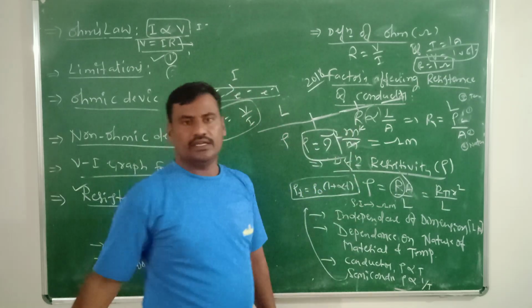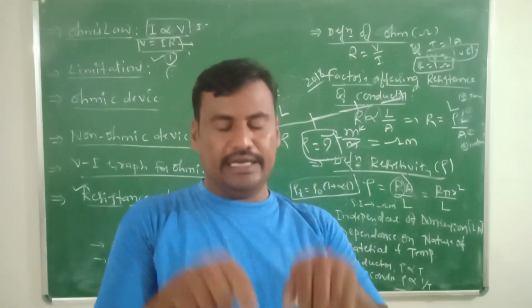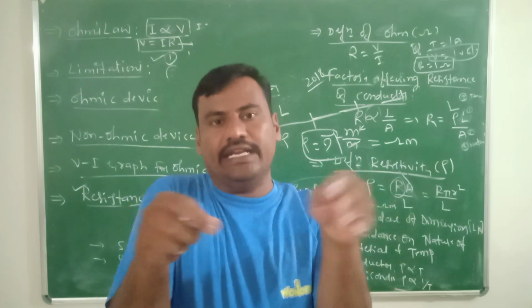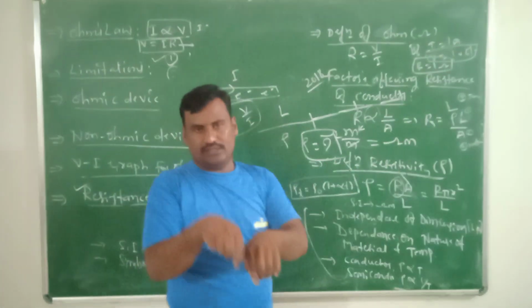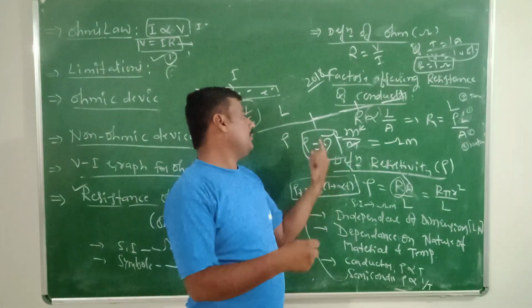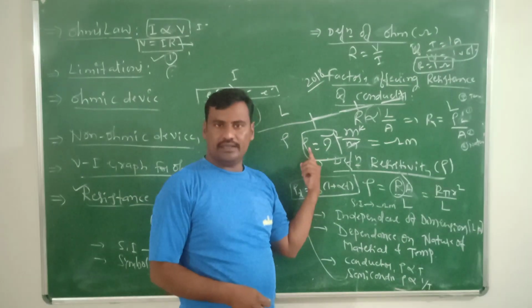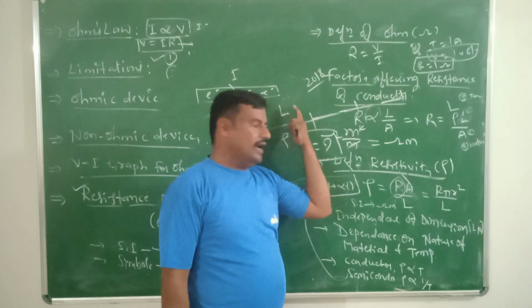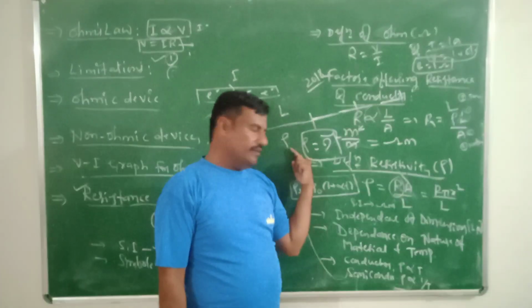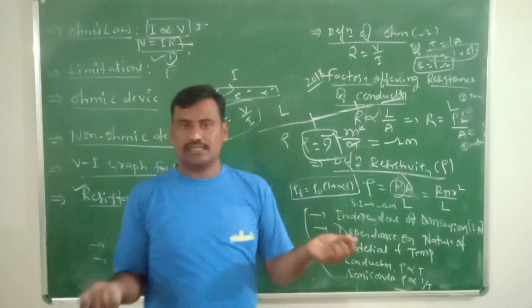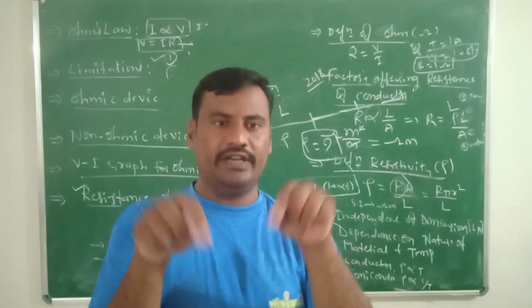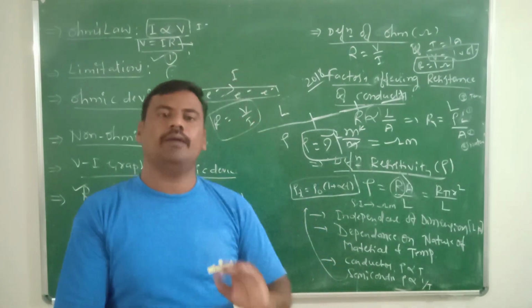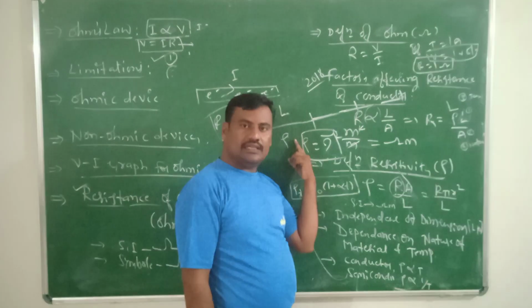If the length of the conductor is increased to 3 times its initial value, then what happens to the resistivity? Initially length of the conductor is L and resistivity is rho.